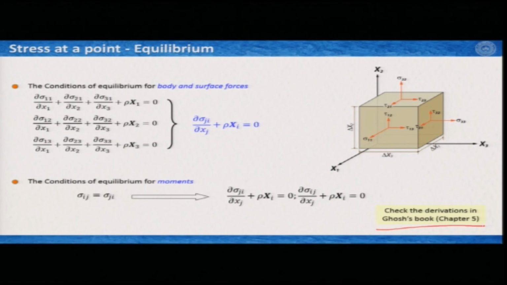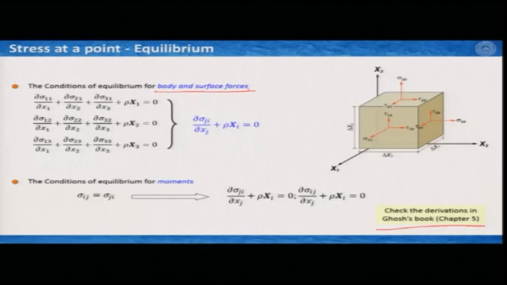But the concept of this equilibrium or stress equilibrium is that this cube would stay in a static mode. That means it does not translate along x1, x2 or x3 direction, or it does not rotate.